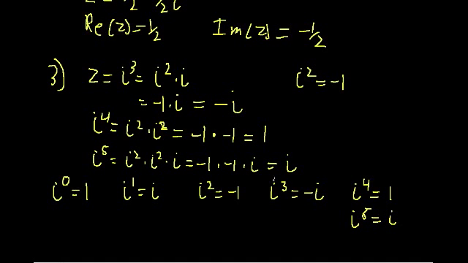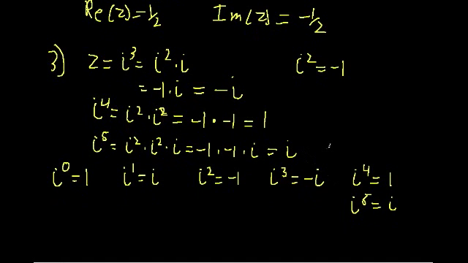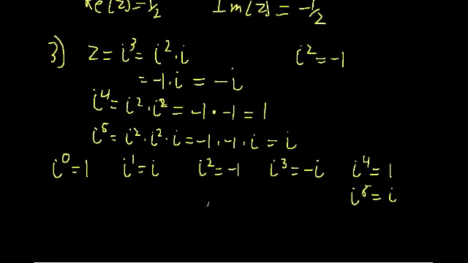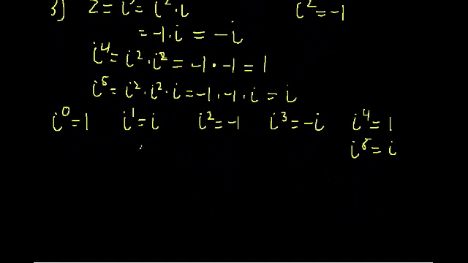And then the pattern repeats. It's a nice little pattern of 1, i, minus 1, minus i. So this is a fairly handy thing to keep in mind whenever you're trying to simplify complex numbers. It's just seeing if you can reduce a crazy power of i to a more simplistic form.